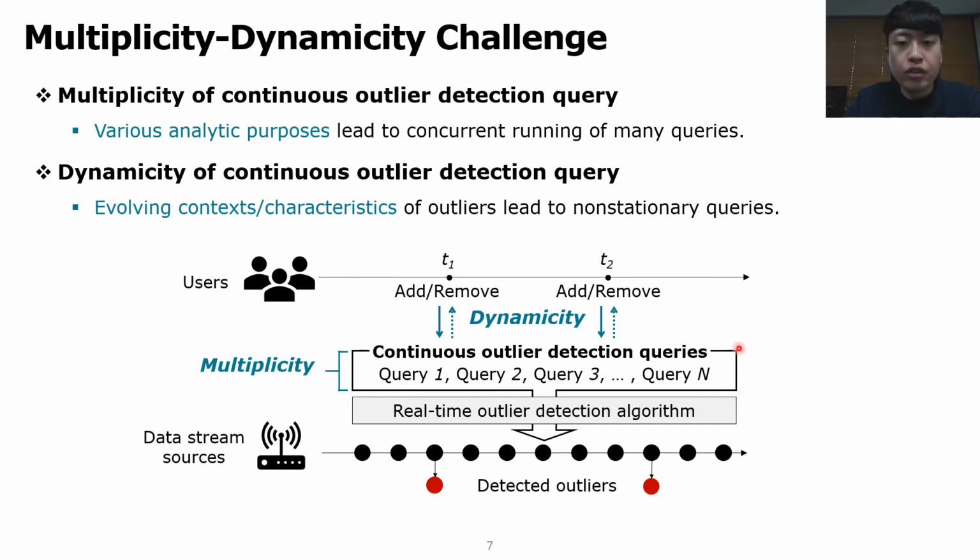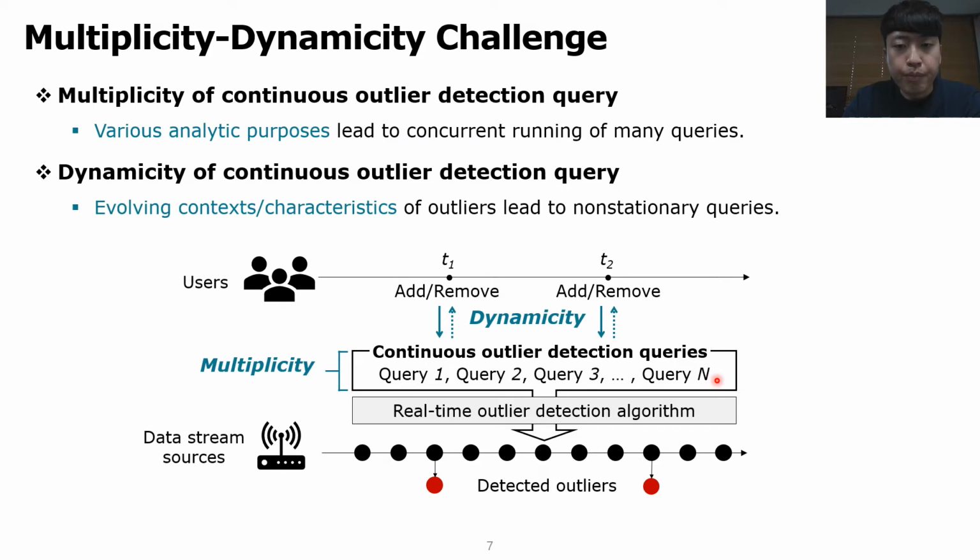In this figure, there are dynamicity and multiplicity challenges in outlier detection from data streams. We have multiple users who want to find outliers from a data stream, and they add or remove their own outlier detection queries at each timestamp. This is called the dynamicity challenge. At the outlier detection system, there are many concurrent queries running.